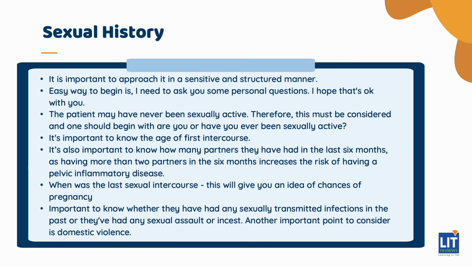It is also important to document the type of sex and the use of any contraceptives or protections. It's important to know whether they have had any sexually transmitted infections in the past or any sexual assault or incest. Another important point to consider is domestic violence. Therefore, this should be questioned when appropriate.